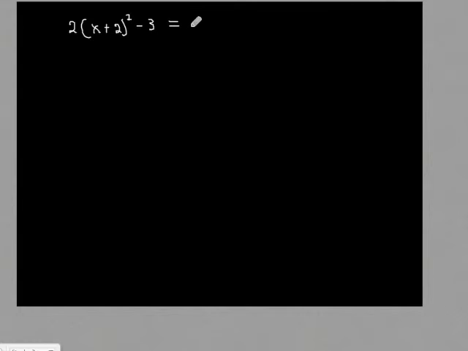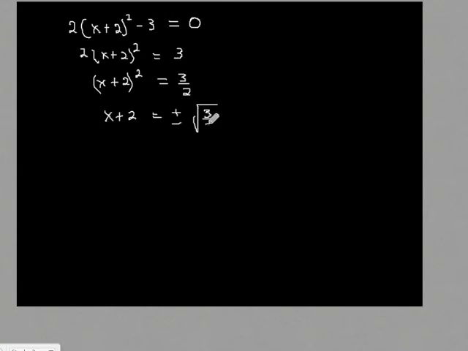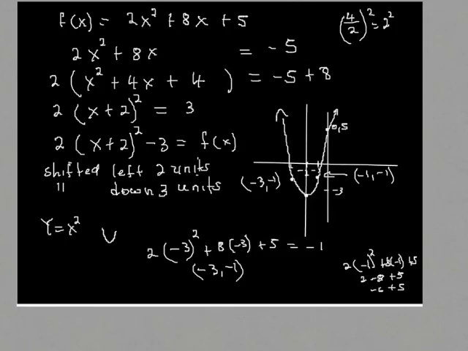To get the x-intercept, you need to make y 0, and you can solve for x. 2(x plus 2) squared is equal to 3. (x plus 2) squared is equal to 3 over 2. x plus 2 is equal to plus or minus the square root of 3 over 2. x is equal to plus or minus the square root of 3 over 2 minus 2. And again, you don't get a nice integer that you can plot, but at least you can use this number and get a sense of where your x-intercept will be.